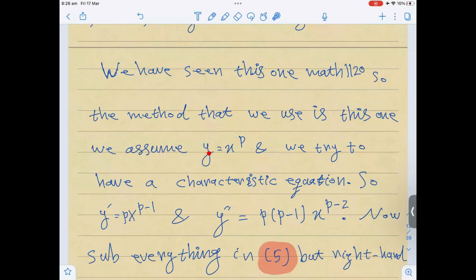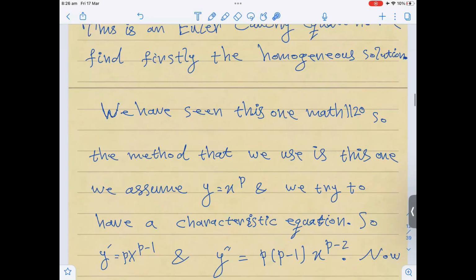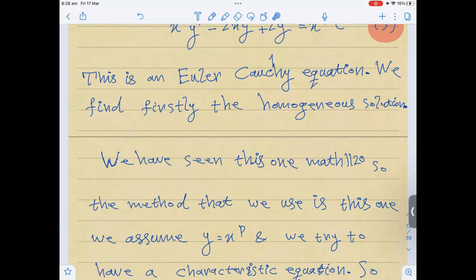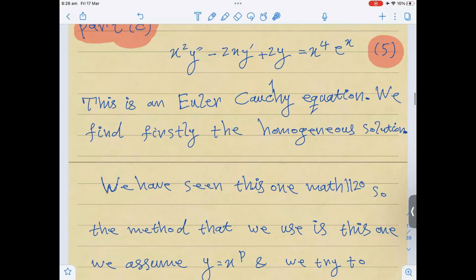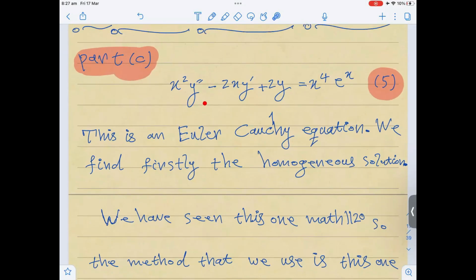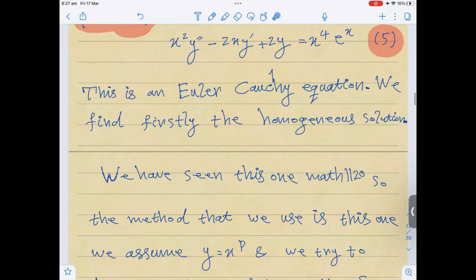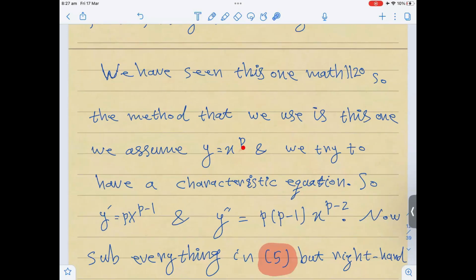So the change of variables, the trick that we want to use to solve this one, unlike the constant coefficients, we don't use exponential of rx to get the characteristic equation. Instead, we use y equals x to the p.